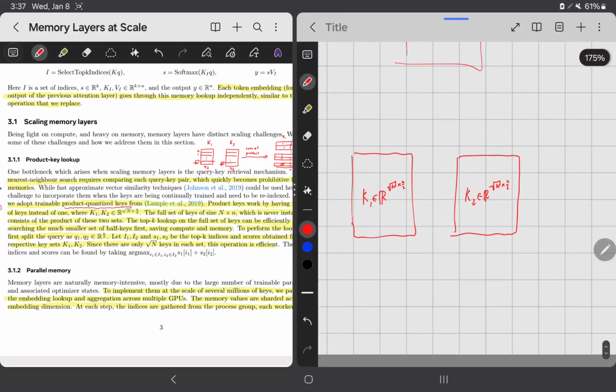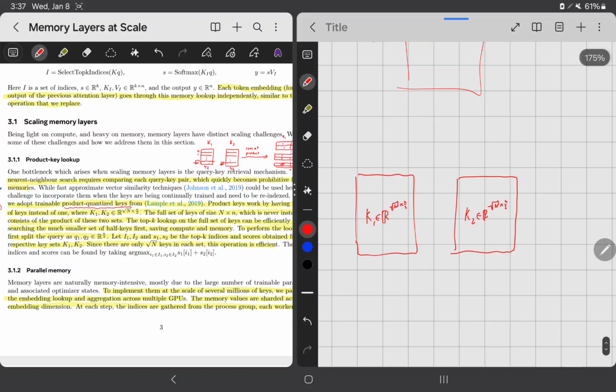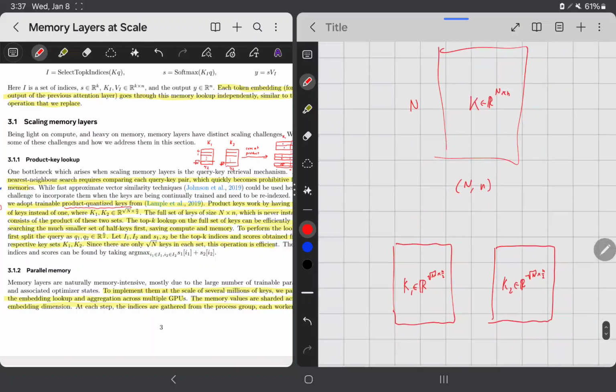You can concatenate these together in a kind of set product and get a matrix where each part is unique, of shape big N by little n, which is the shape of the original matrix.